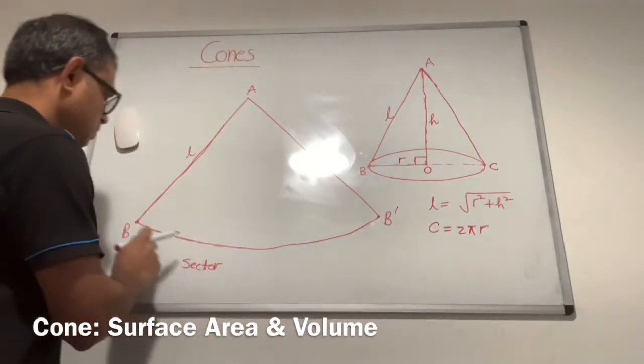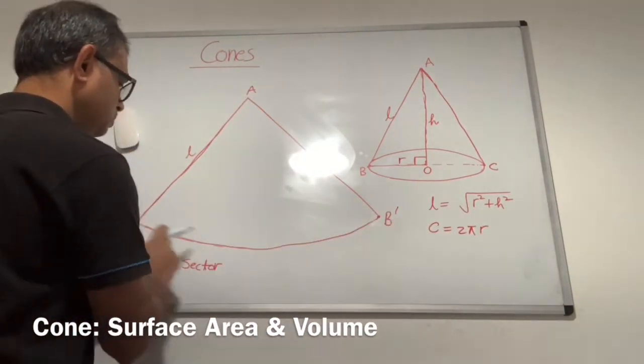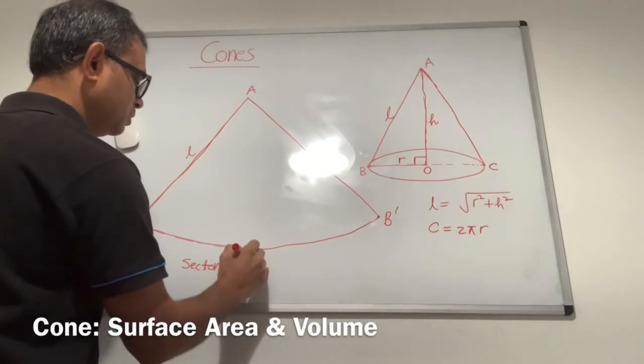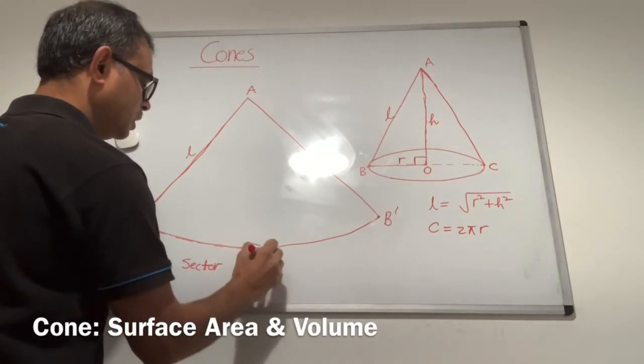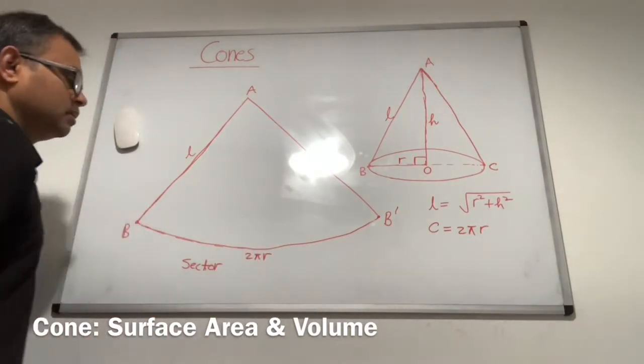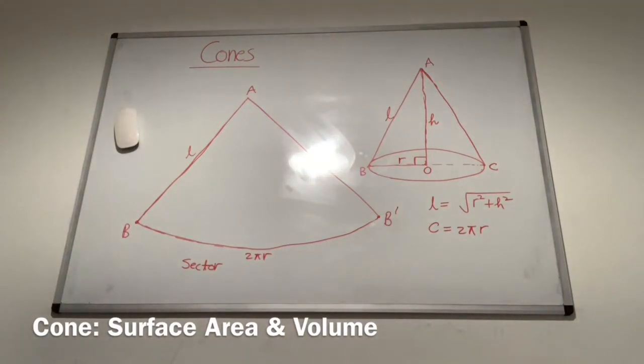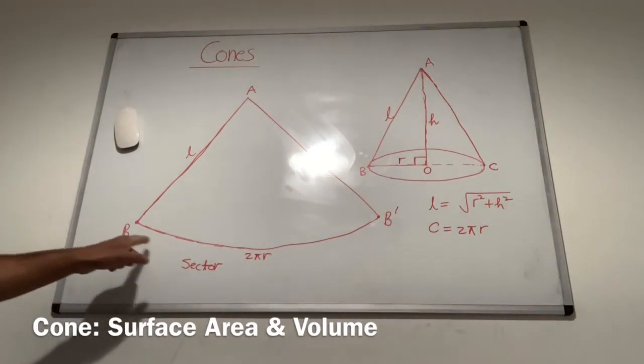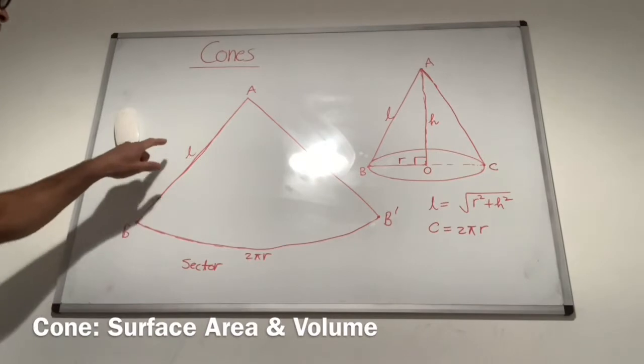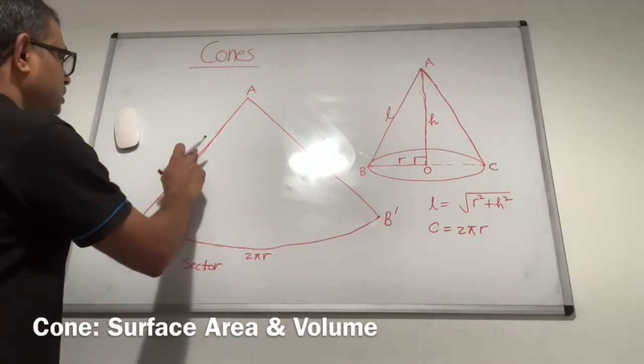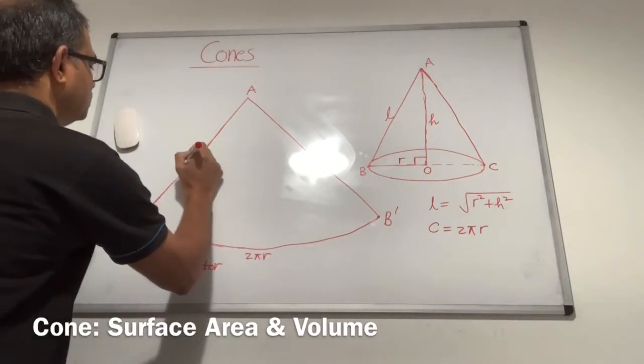So this arc of the sector, B to B dash, would be 2 pi r.